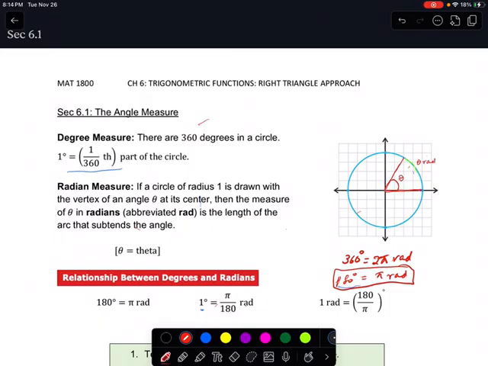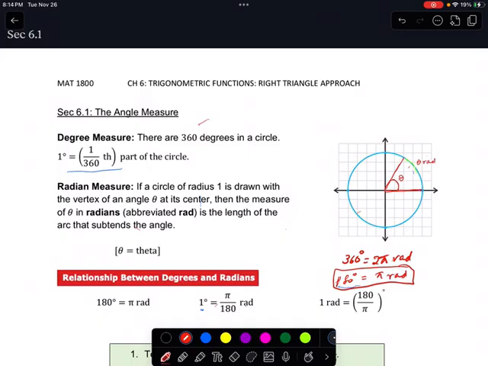If a circle of radius 1 is drawn with the vertex of an angle theta at its center, then the measure of theta in radians, abbreviated as RAD, is the length of the arc that subtends the angle. On the picture on the right, you can see we have the angle theta, whose vertex is at the center of a unit circle.